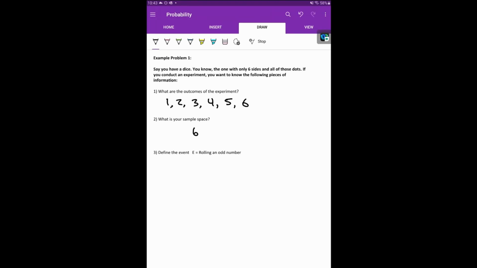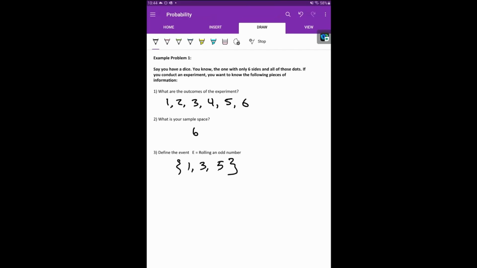Now we want to define the event E, which is equal to rolling an odd number. If we look at our possible outcomes, what odd numbers do we have in our set? We've got a 1, a 3, and a 5. That would be our event of rolling an odd number. Essentially, the event is how many different possibilities we have that match what we need.